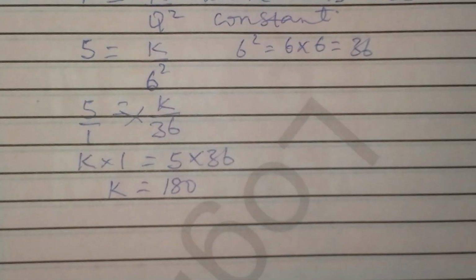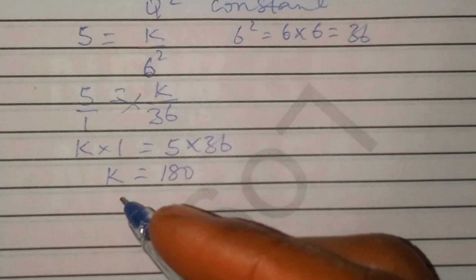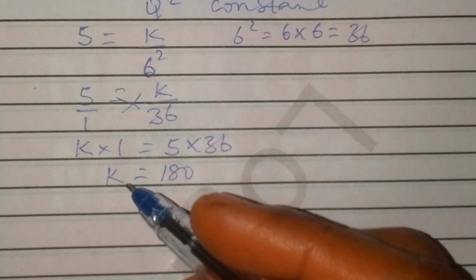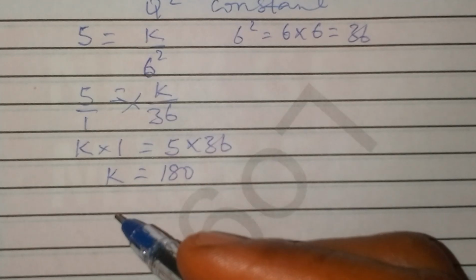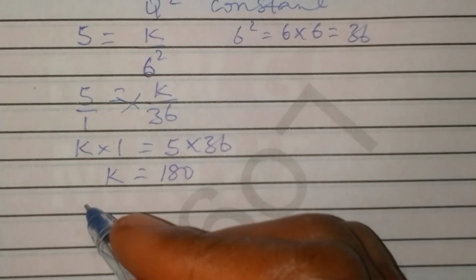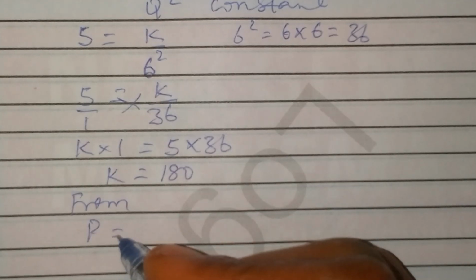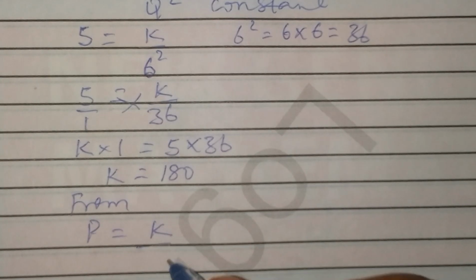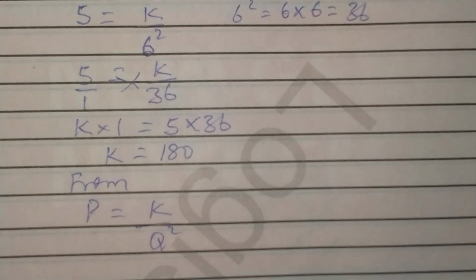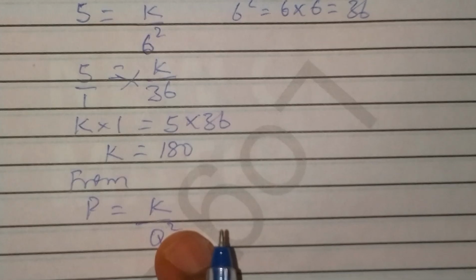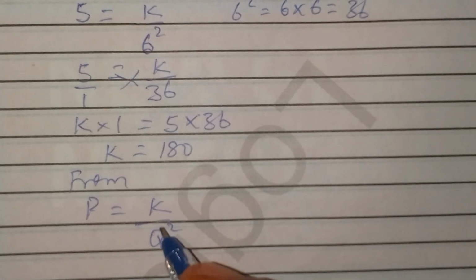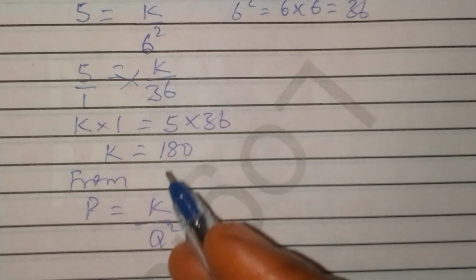So we now get the relationship between q and p. From p equal to k over q squared, for us to get the relationship between p and q, we are going to remove k and put the value of k there.